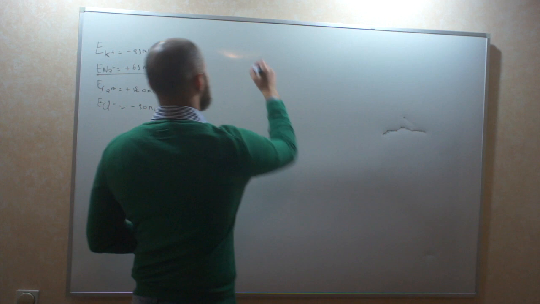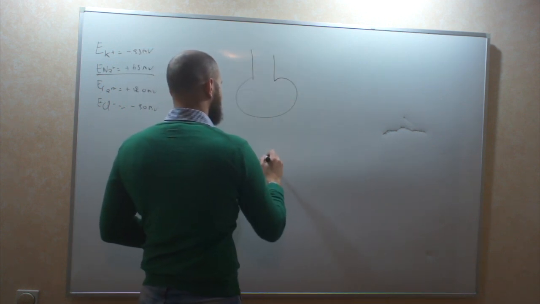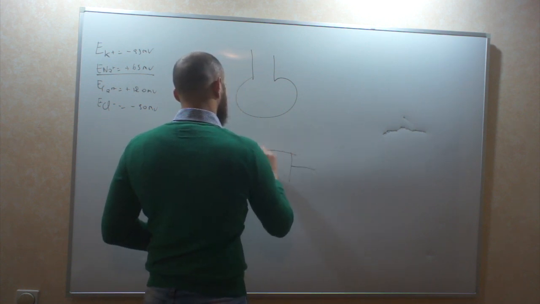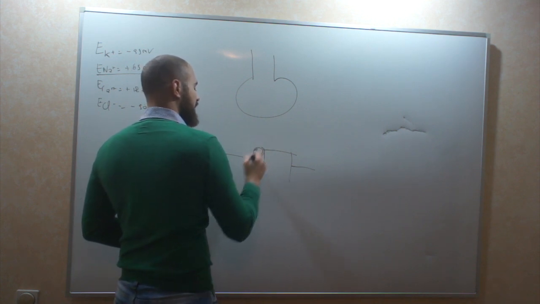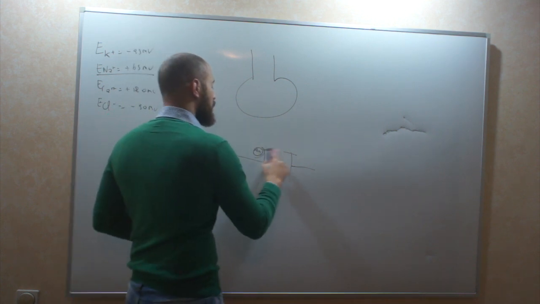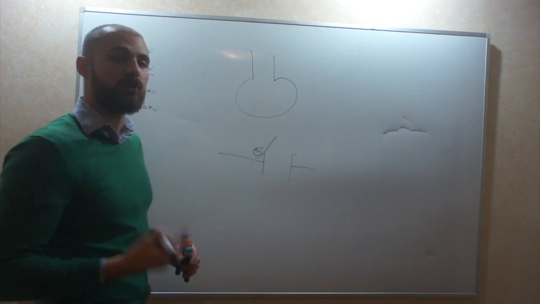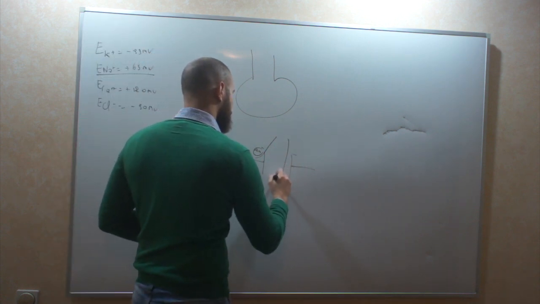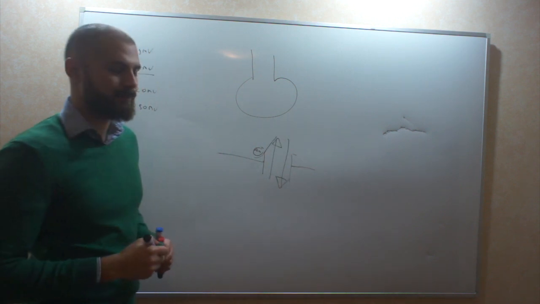In the neuromuscular junction, you have acetylcholine and you have the motor end plate. It's ligand gated. When acetylcholine attaches here, this opens and it is leaking through sodium and potassium. It means that sodium goes in and potassium goes out.